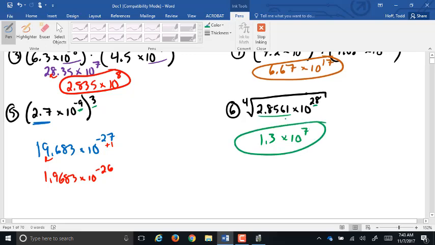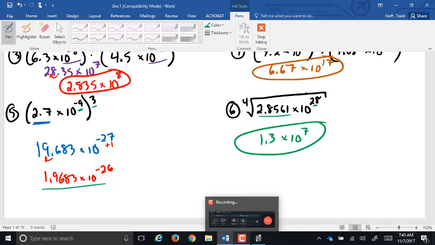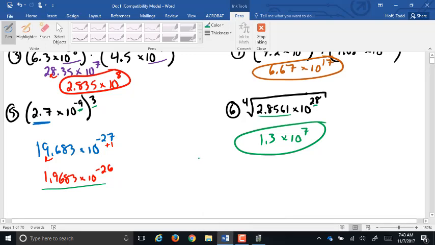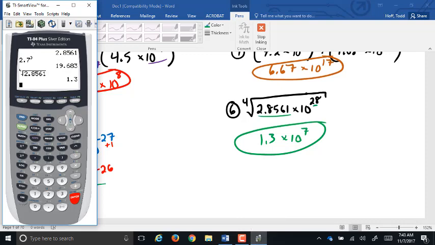What do you guys think? So you had 2.7 times negative 9. So let's do this. On my calculator, I'm going to do this. 2.7. I'm going to put it in scientific notation. That EE key is your scientific notation.